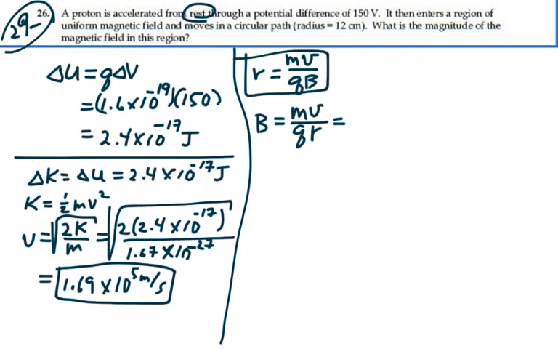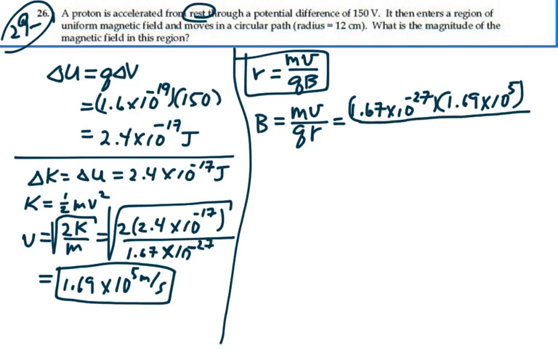And this is going to equal the mass of a proton, 1.67 times 10 to the minus 27, times the velocity we just calculated, 1.69 times 10 to the 5, over the charge of a proton, 1.6 times 10 to the minus 19 coulombs, and the radius is 12 centimeters, so it'll be 0.12 meters for the radius.